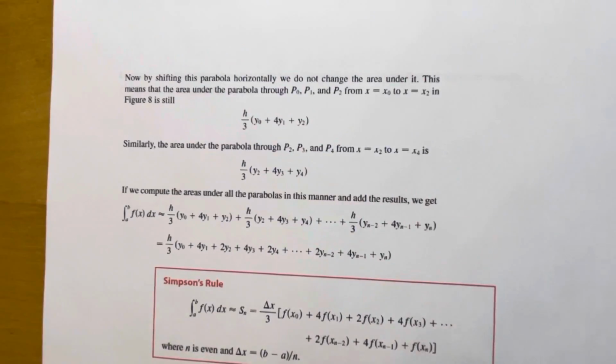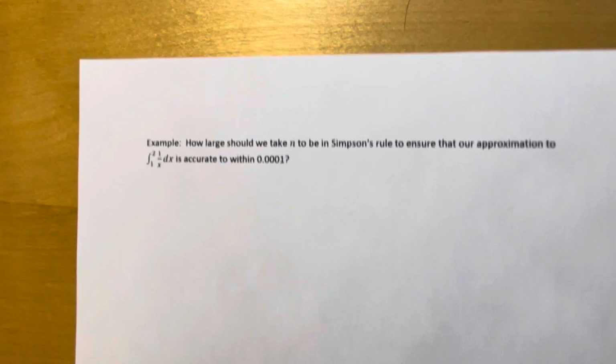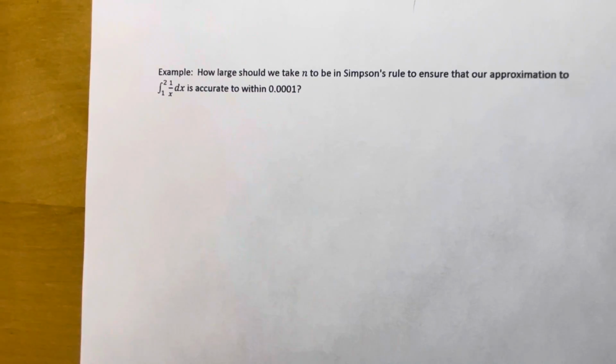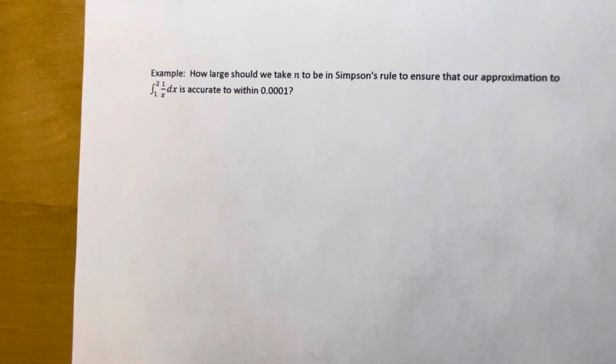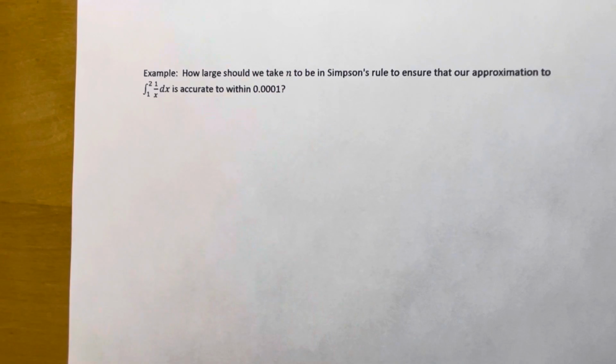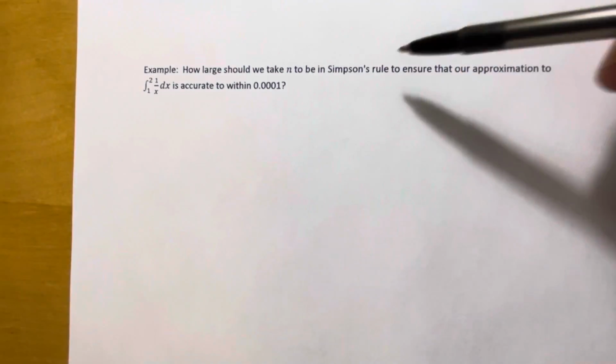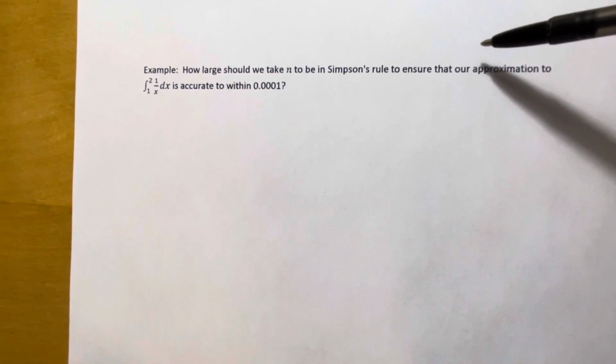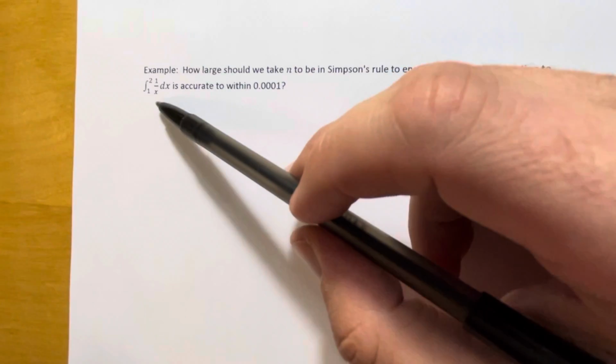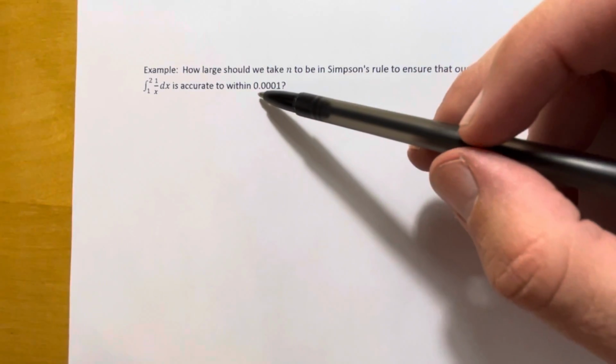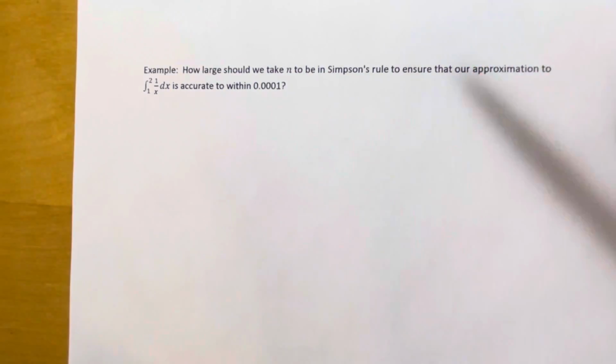Okay, so to wrap things up, we're going to do a similar type of question that we've already seen, but applied to Simpson's rule. We want to figure out how large n has to be in Simpson's rule to ensure that our approximation to this definite integral is accurate to within 0.0001.